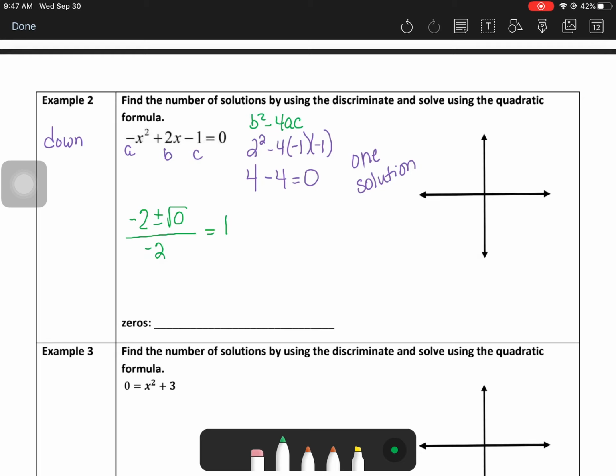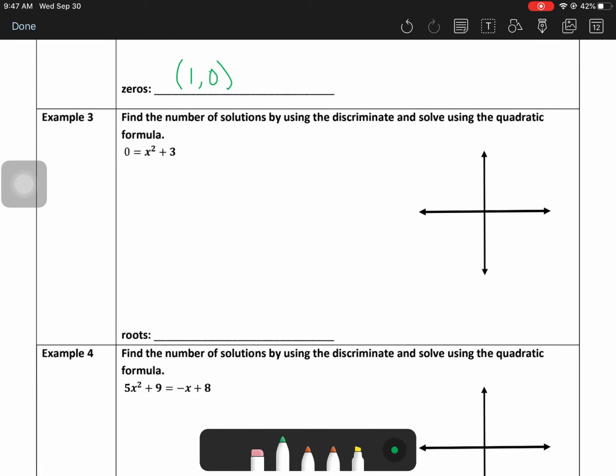So my 0, which is my solution to my quadratic equation, x equals 1, so it's going to be at the point 1, 0. So when I graph that, I have the point 1, 0, and it's opening down. Since there is only one solution, which is one x-intercept, which is 1, 0, that's going to be our vertex also.